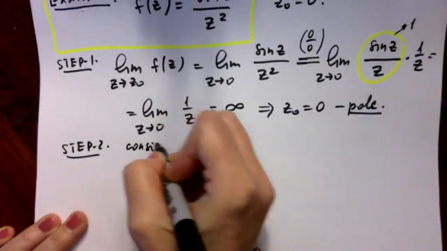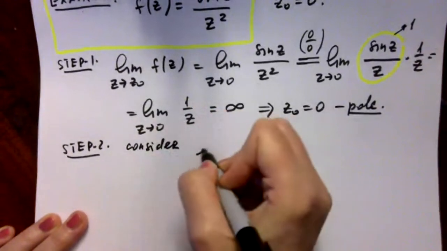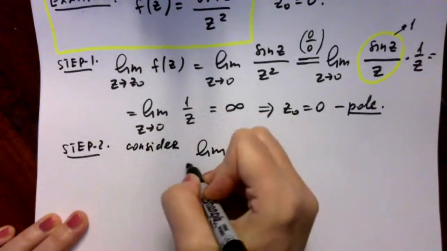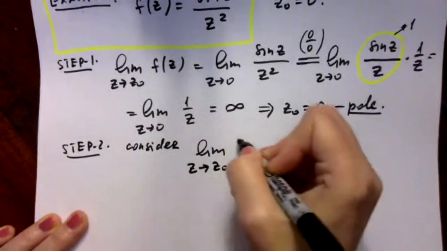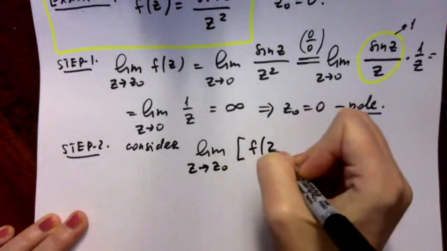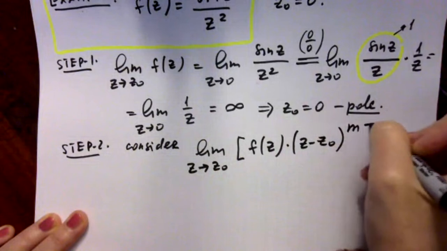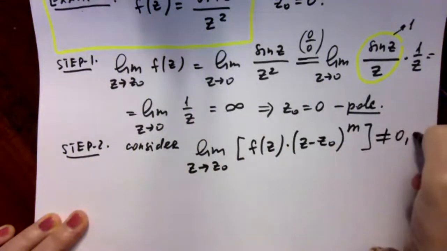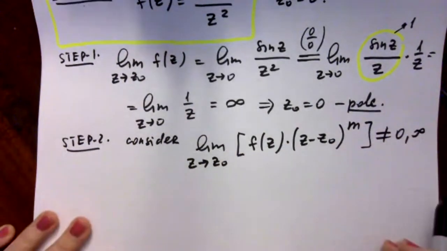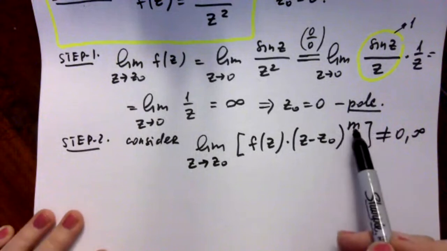We need to consider this special limit. Let me remind you, the limit when z tends to z0 of this expression, f of z times z minus z0 to the power of m, and the result shouldn't be equal to 0 and should not be equal to infinity or minus infinity. And we should find m in here.